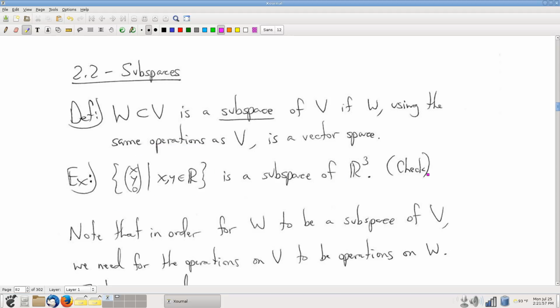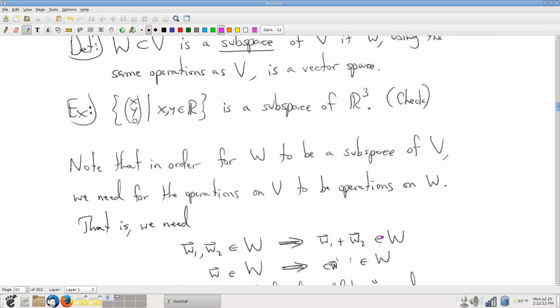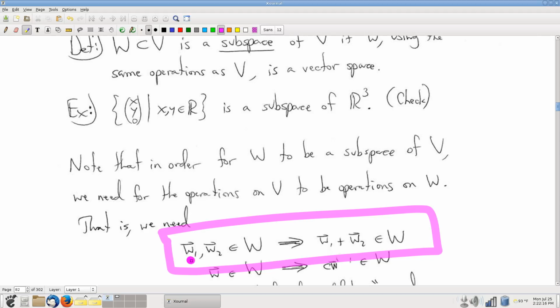Okay, now certainly one thing that we're going to need in order for a subset to be a subspace is for the operations on V to actually be operations on W. In particular, if we take two vectors in this W, we need to be able to talk about their sum.